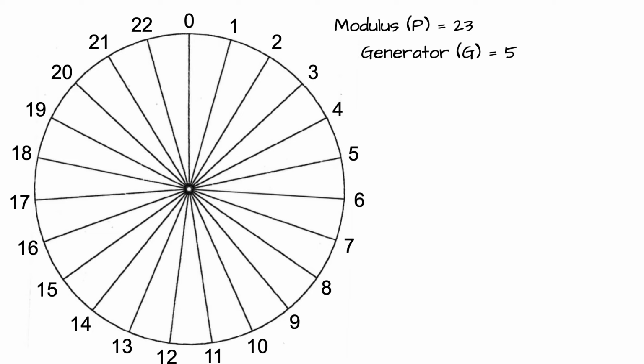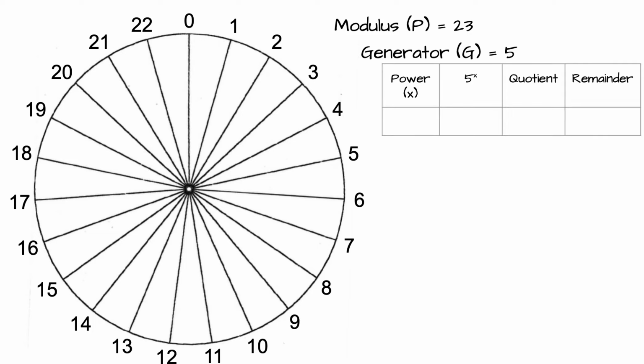So we're going to take that generator of 5, and raise it to successive powers. Each time we're going to take our answer and divide it by our modulus, in this case 23. We're going to just focus on the remainder, how much is left over after we divide by the modulus. And by taking these remainders, we want to see if we can capture every single number between 1 and 22.